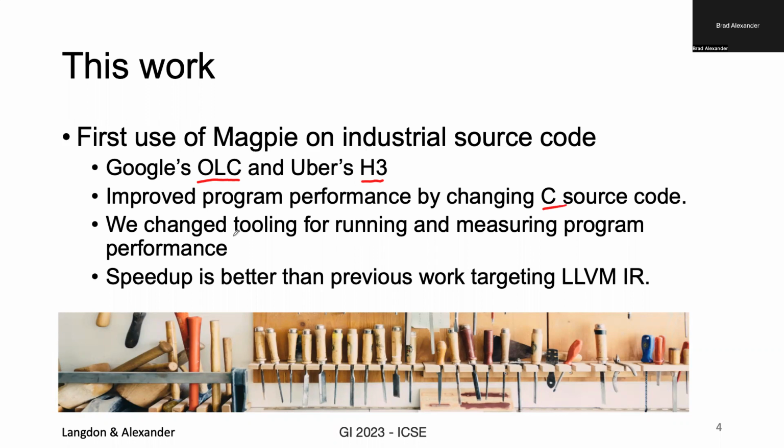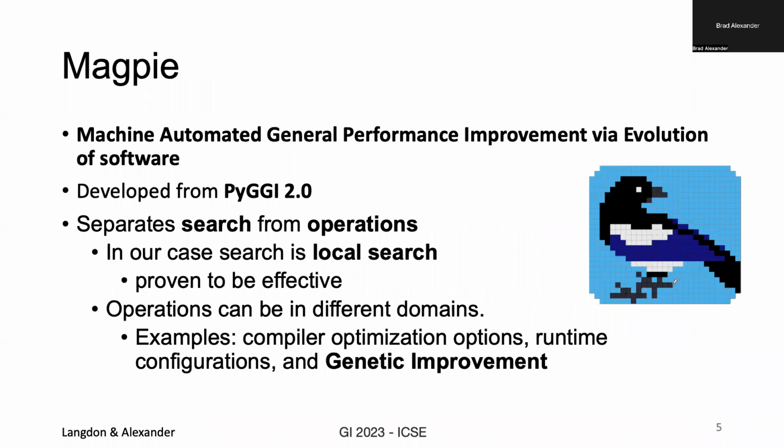We changed the tooling in Magpie for running and measuring program performance, and that was a key aspect of this work. The speedup that we got is better than previous, very similar work targeting the LLVM intermediate representation.